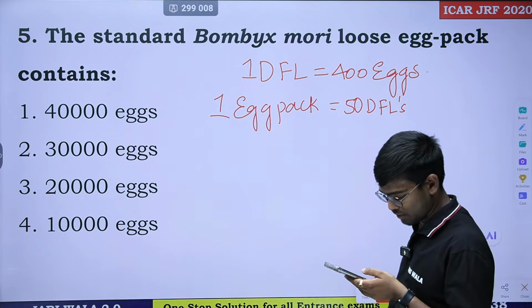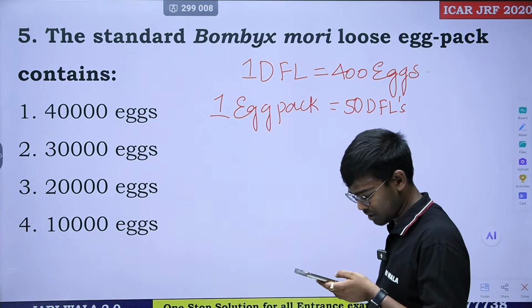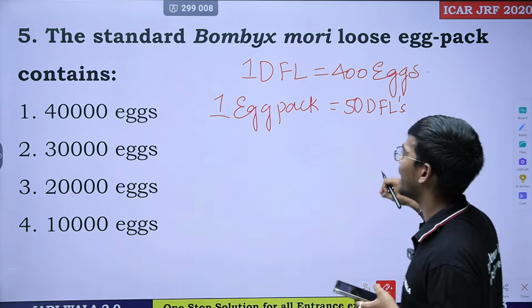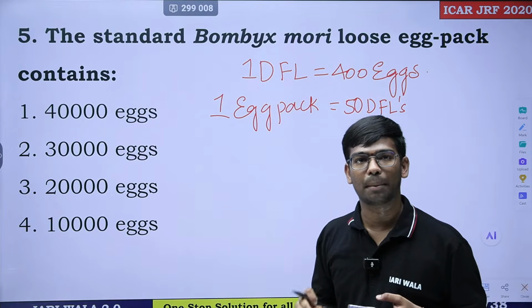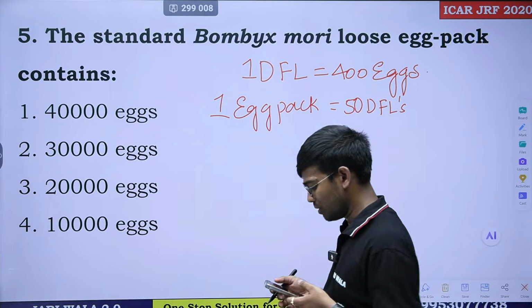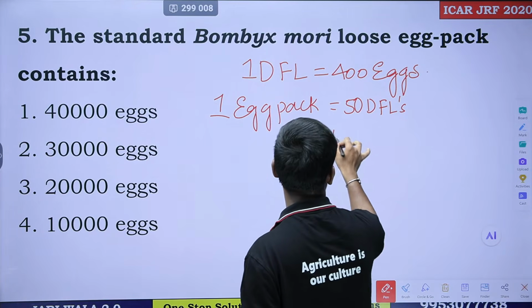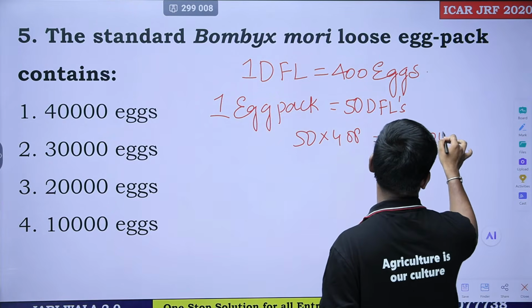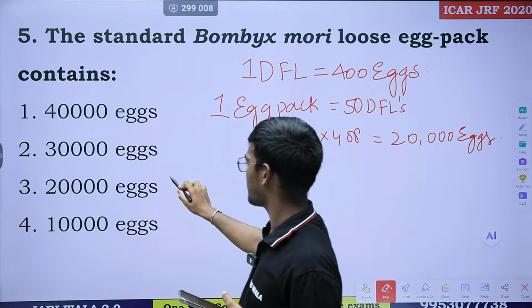Some of the students responded, Anchal Gupta and Sneha Vishwakarma: option 3. Yes, they are correct. The reason behind this is that 1 DFL is 400 eggs and one egg pack contains 50 DFLs. So that's why it is 50 into 400, which is nothing but 20,000 eggs.